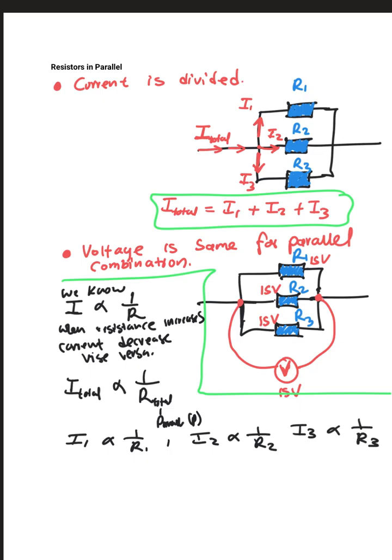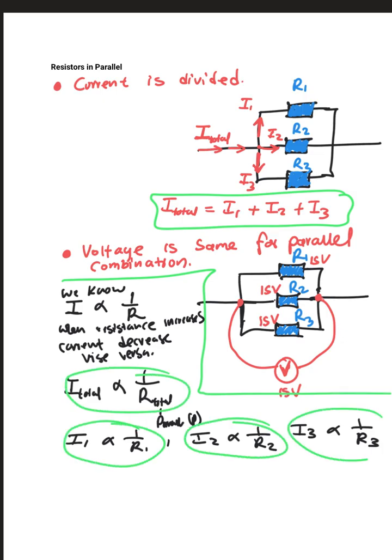So now when we combine these and replace them here, what do we get? Where I see I total, I'm going to put 1 over R total, or 1 over RP.